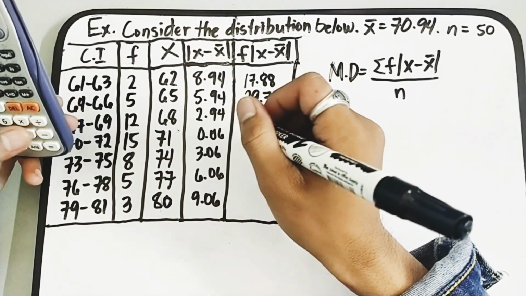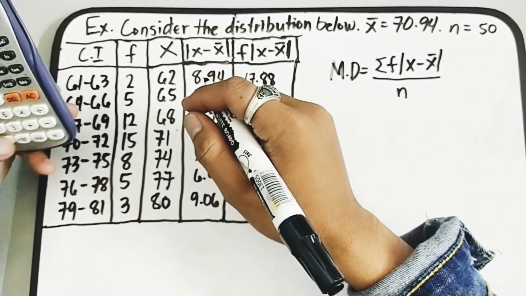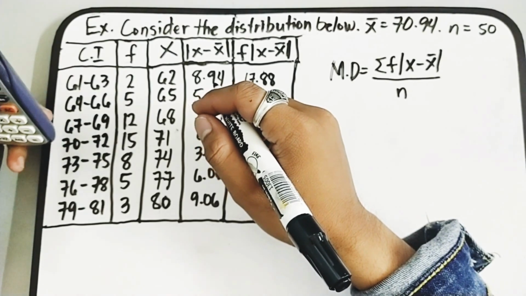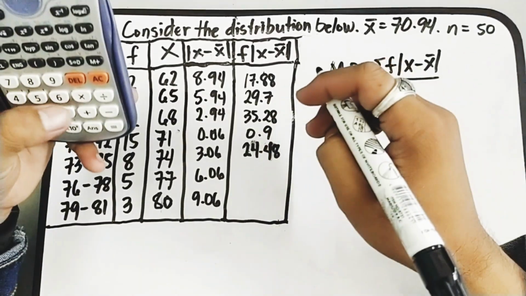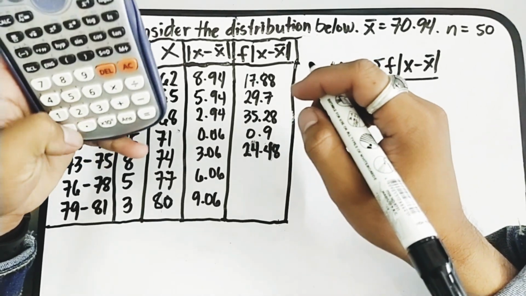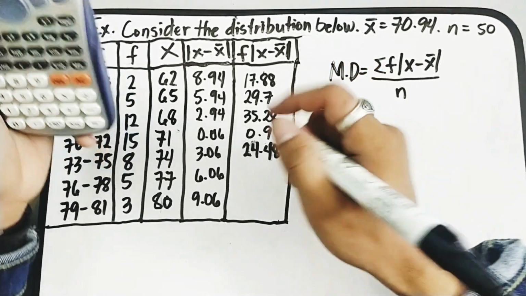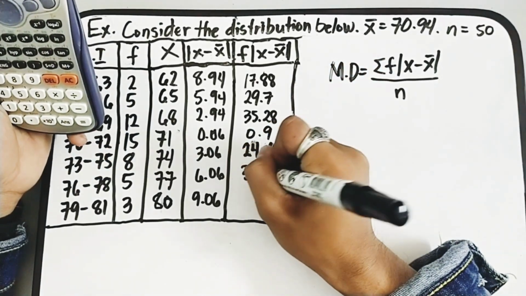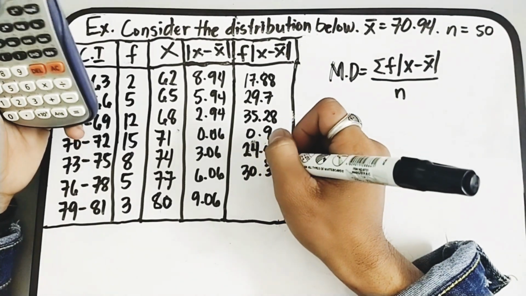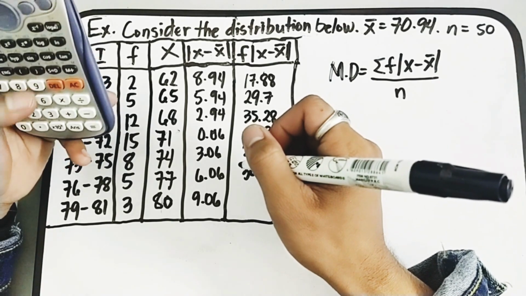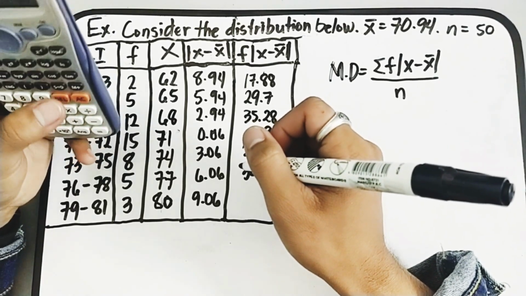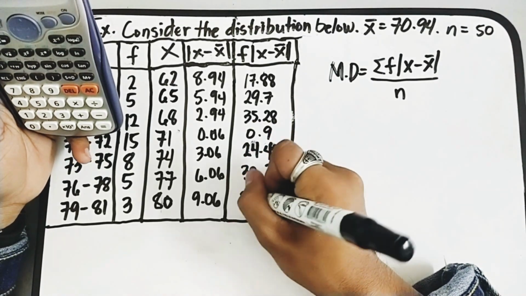Then 8 times 3.06, the answer is 24.48. So 5 times 6.06, the answer is 30.3. And then last na, 3 times 9.06, the answer is 27.18.